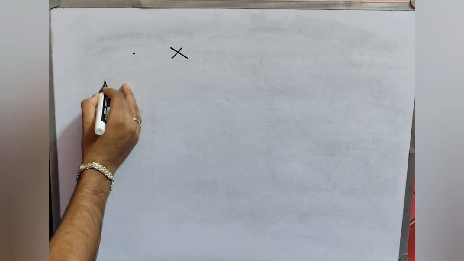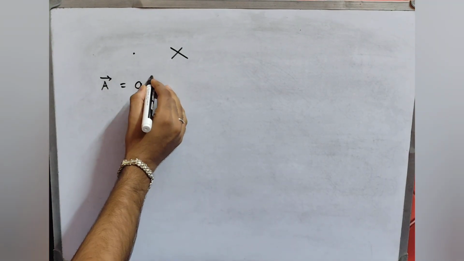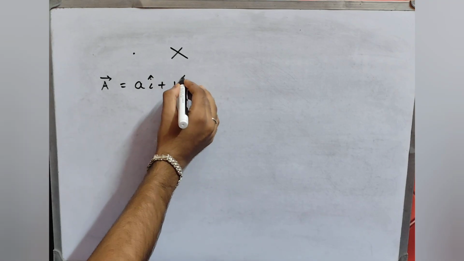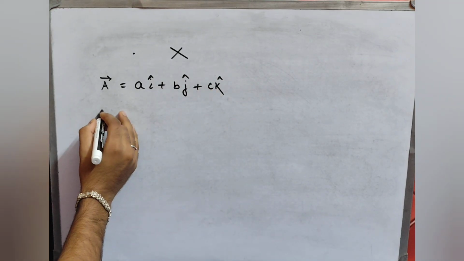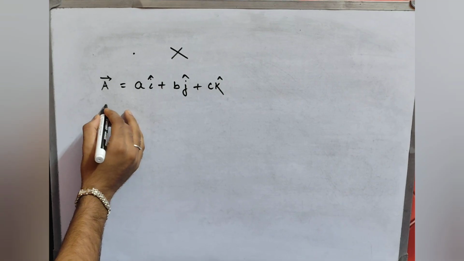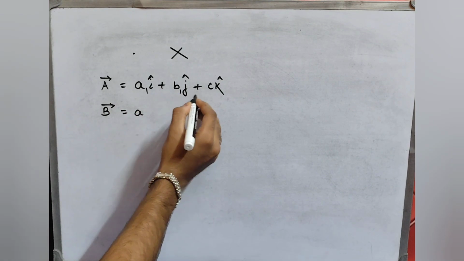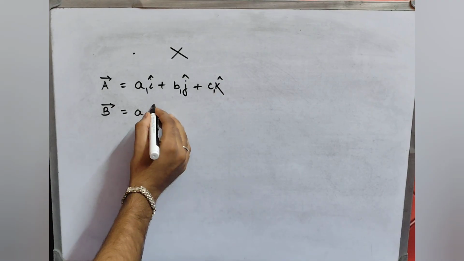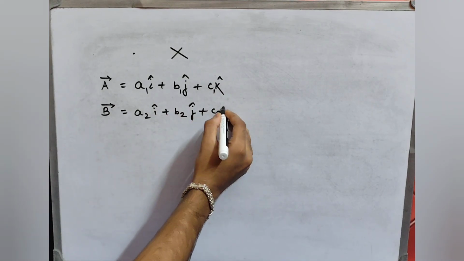So assume that here is a vector A, which is A1 i cap plus B1 j cap plus C1 k cap, and another vector B, which is A2 i cap plus B2 j cap plus C2 k cap.